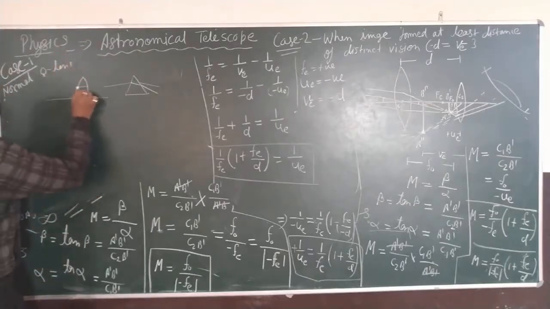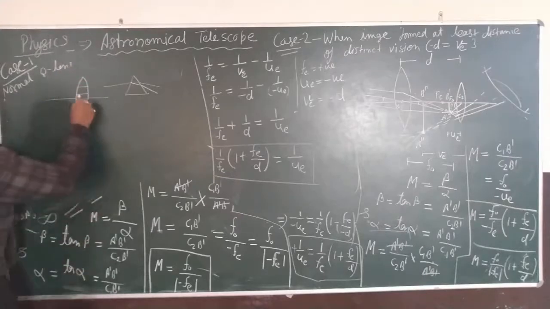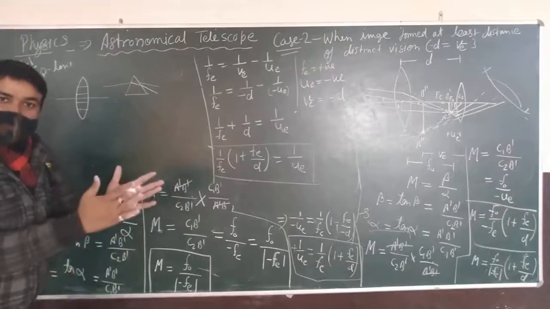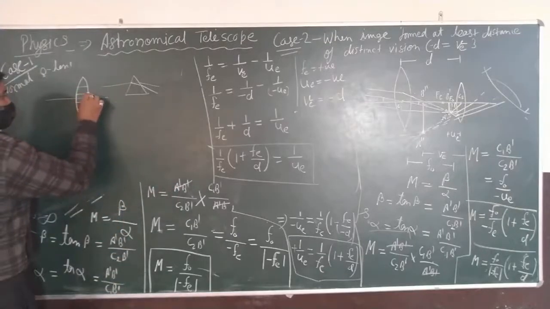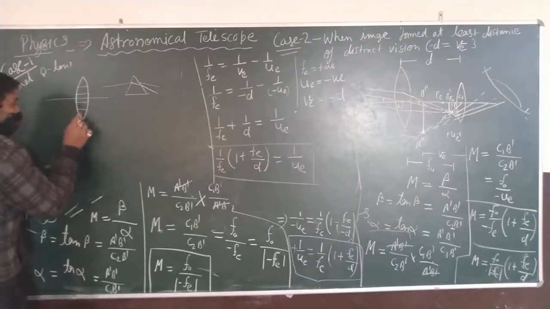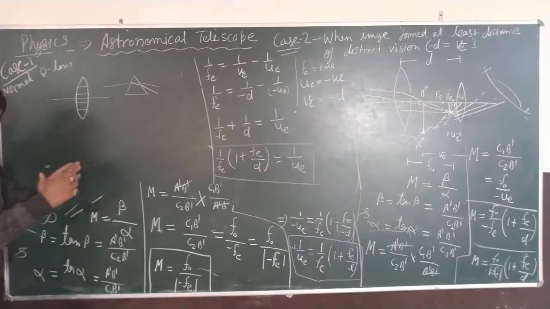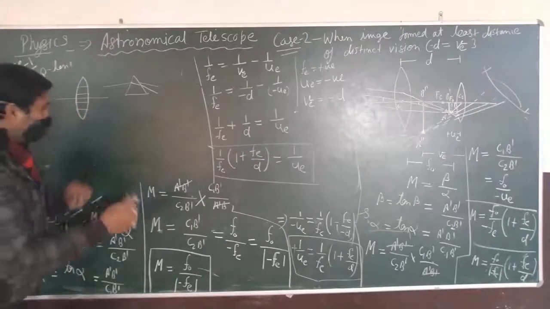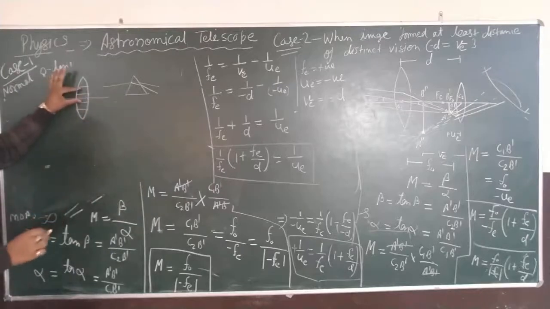This portion behaves like a prism. This portion is a parallel slab. And again this portion is not parallel, so it is an inverted prism. This is an inverted trapezium, and this is a slab.